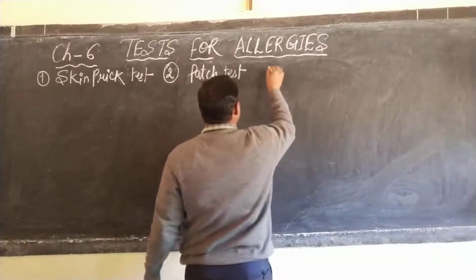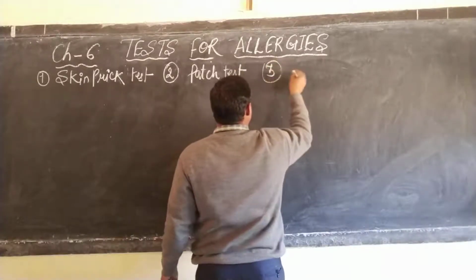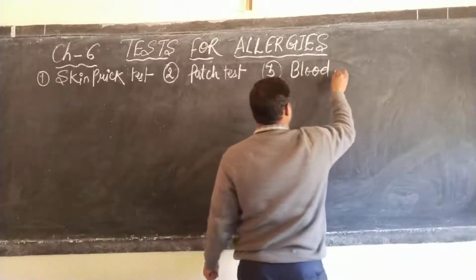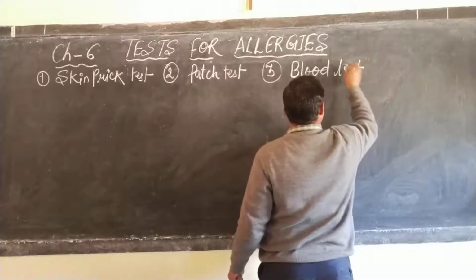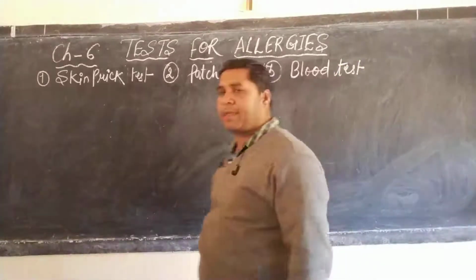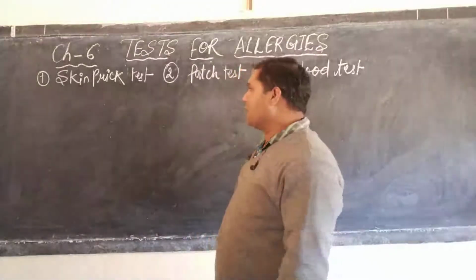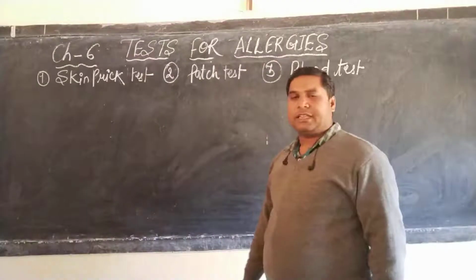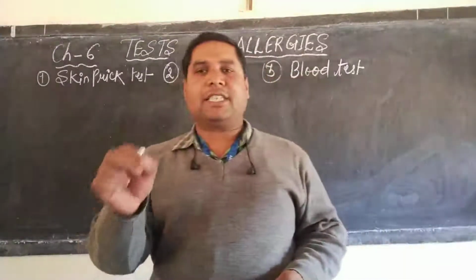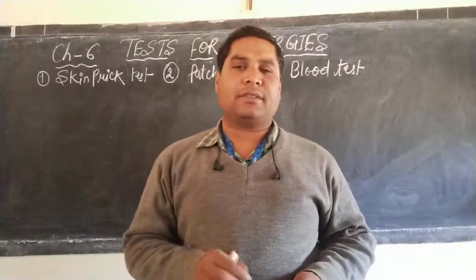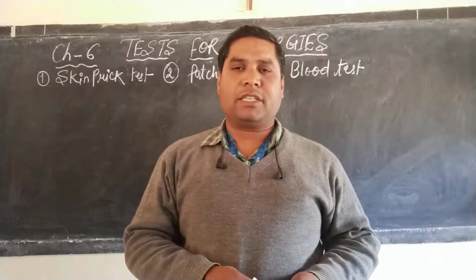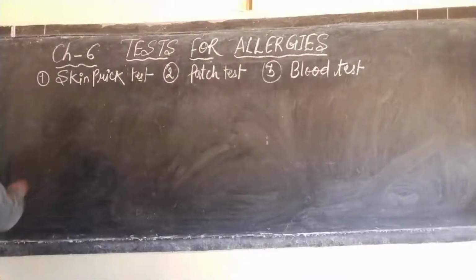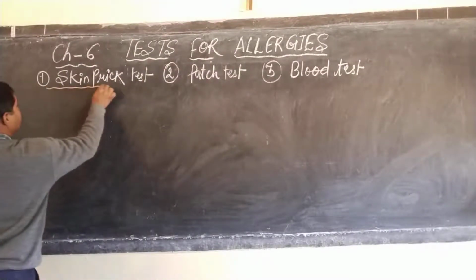Third, blood test. So dear student, by these three important types of the test, we can detect that a person is allergic to a particular substance or not. So let us first discuss the first type of the test, the skin prick test.